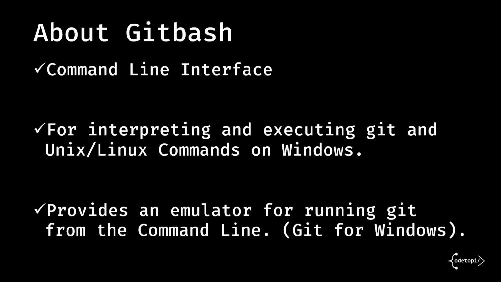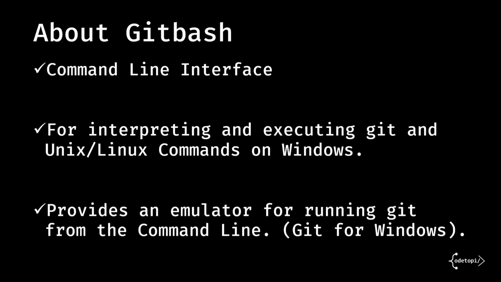Now the main reason why we are installing Git Bash is because we want to use Git. Now we are going to go through Git in subsequent videos. Now Git is a version control system that is used for software management or for code management. So since this is not a Git tutorial or a Unix or Linux tutorial, I'm not going to dive deep into those concepts for now.